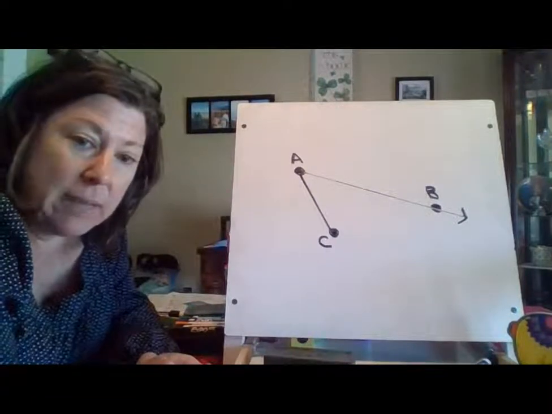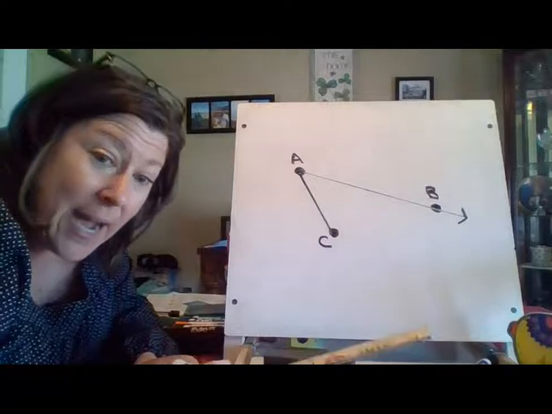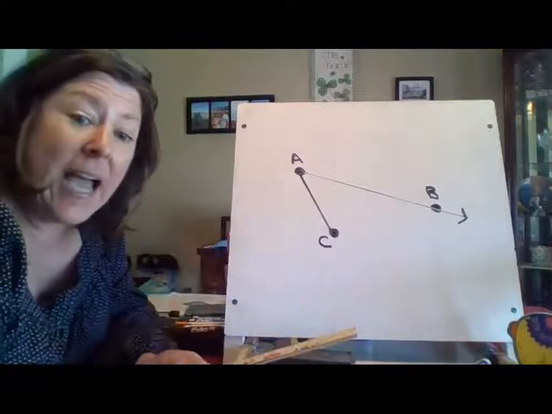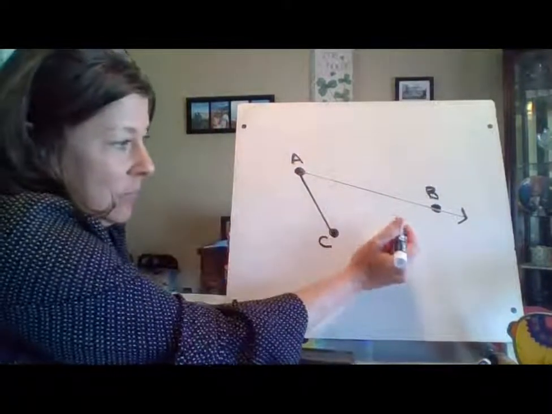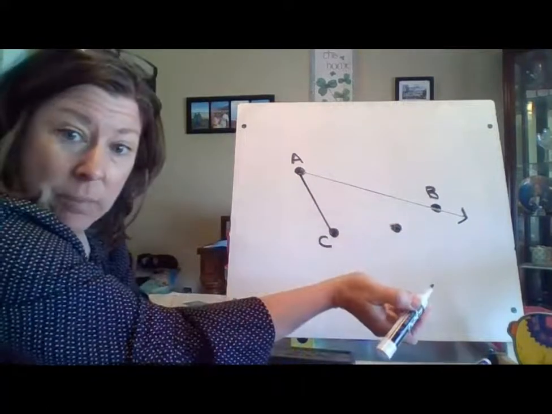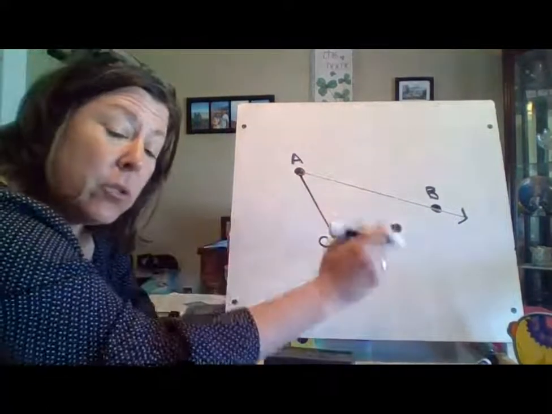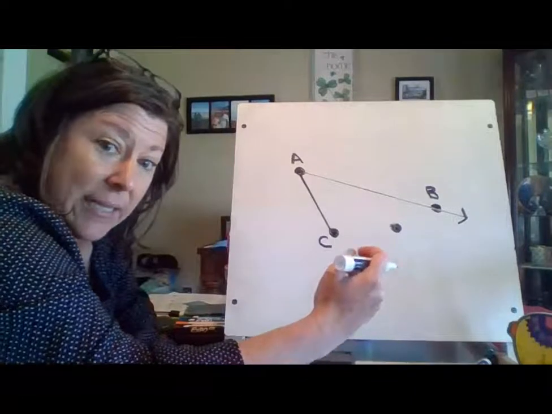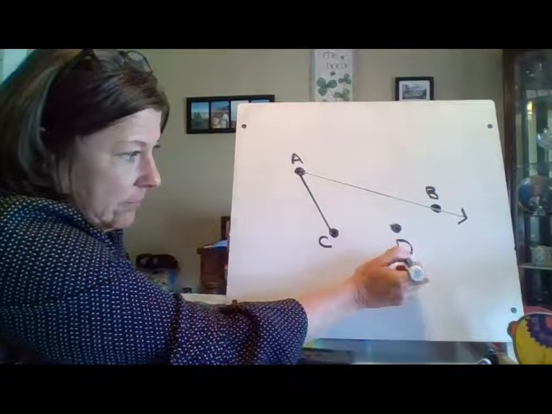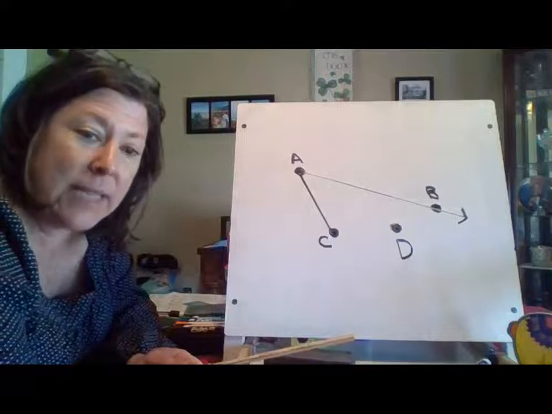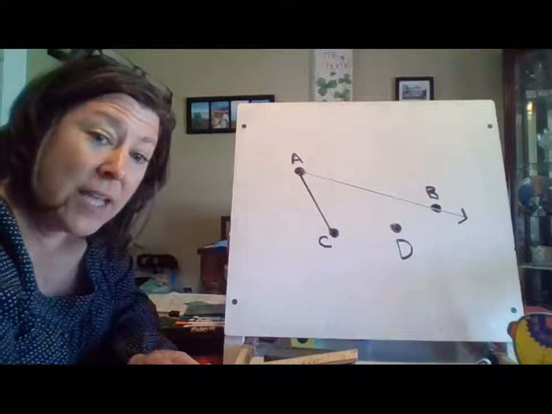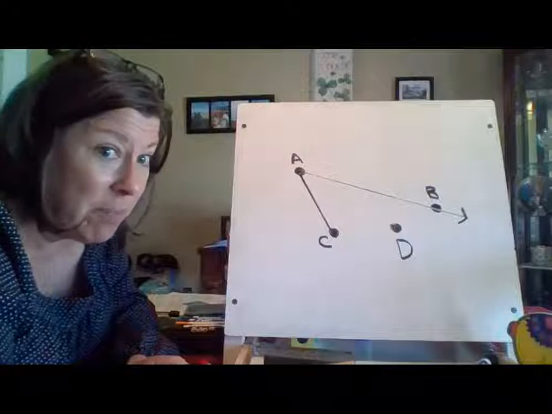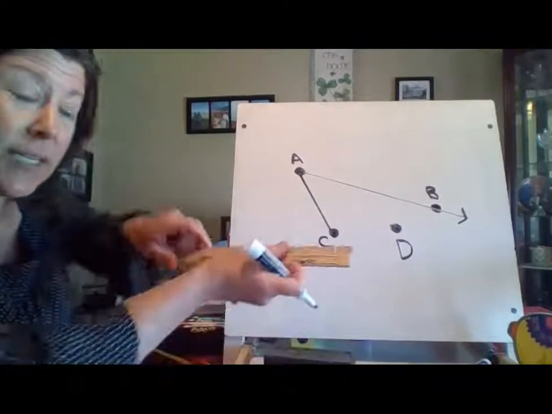The next direction says draw a point not on ray AB or AC and call it D. I'm just going to put mine over here. Again, maybe yours is up there. Your diagram does not have to look exactly like mine. Okay? So I called it D. And then they want us to construct line CD. Now remember, a line, kind of like our number line, has the arrows on either end.